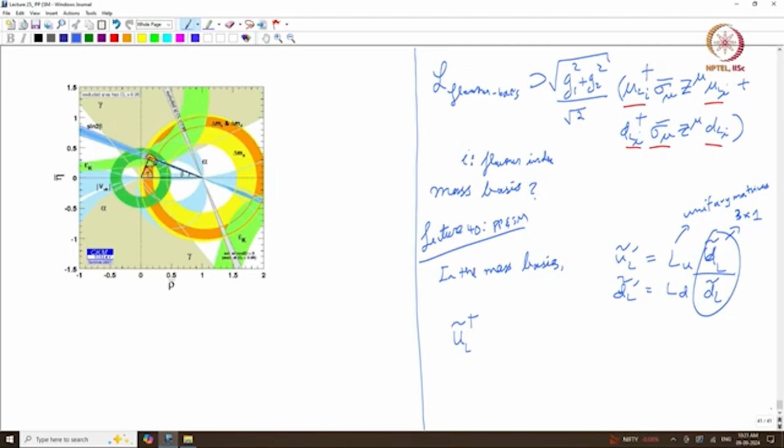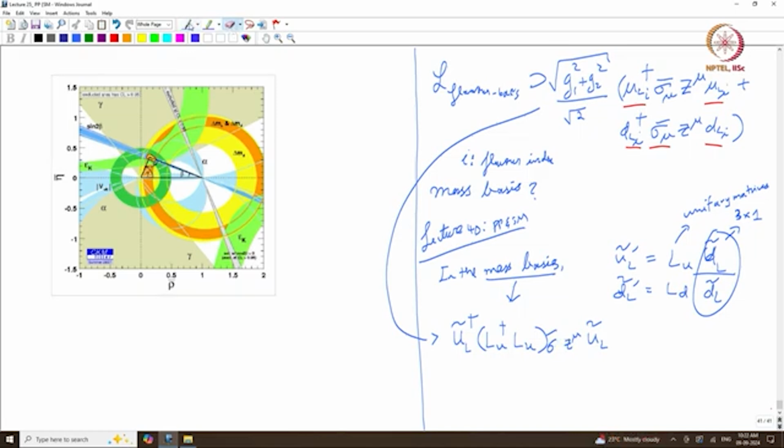So I would end up with, up to these coupling constants, an L_U dagger that rotates into the mass basis, correct, this is the mass basis, and I will have an L_U sitting outside, right. What did that L_U do? That was the one that rotated the U_L over here, and of course the sigma-bar and the Z_mu go for a ride, they just contract each other, right. Of course, I should be careful about covariant and contravariant indices.